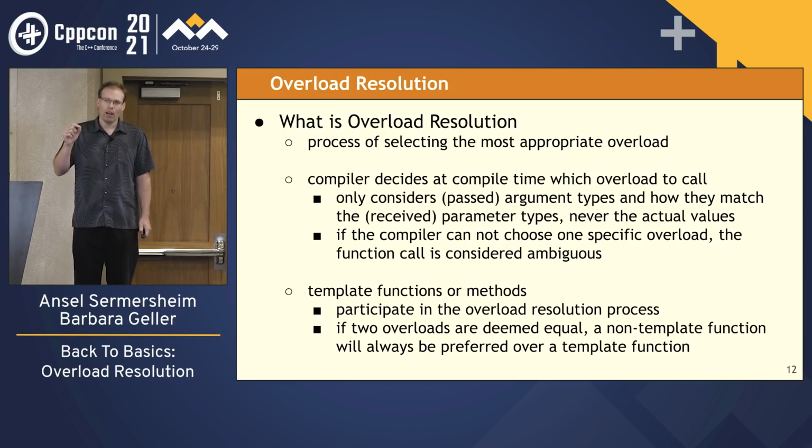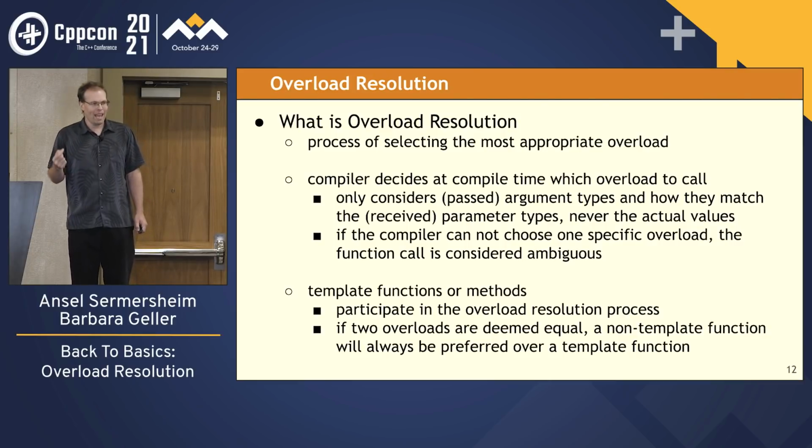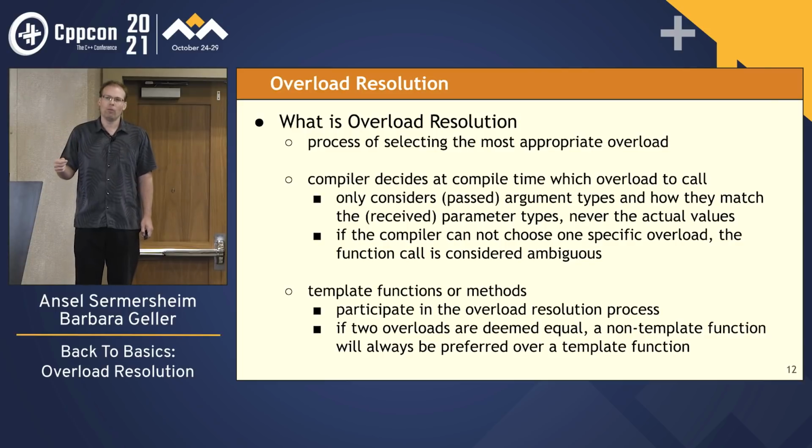It can consider the data types of the arguments you passed and the data types that each declaration is defined to receive. It cannot look at the actual values. It can only look at data types. And if the compiler can't choose one specific overload as part of the overload resolution process, then the function call is ambiguous and you get a compile error.